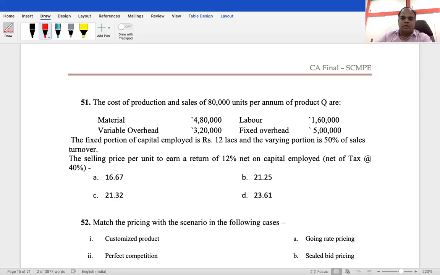So required selling price is 12% on capital employed. Am I right? Now, note it down. Required selling price is equal to 12% of fixed capital employed plus variable capital employed.